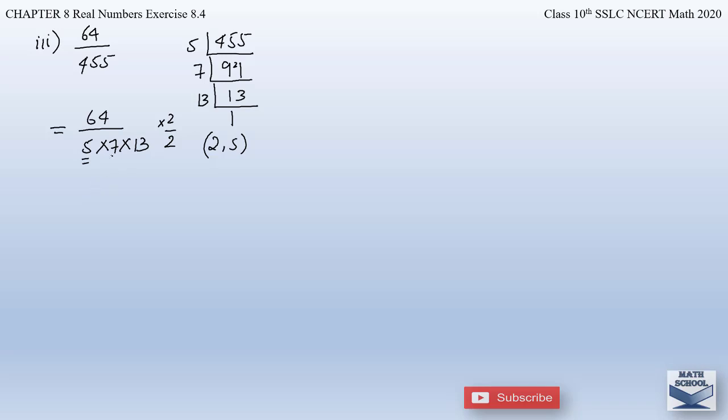Since the 7 and 13 in the denominator cannot be removed at any cost, we can only have pairs of 2 and 5 in the denominator. Therefore, this number is a non-terminating repeating decimal expansion.